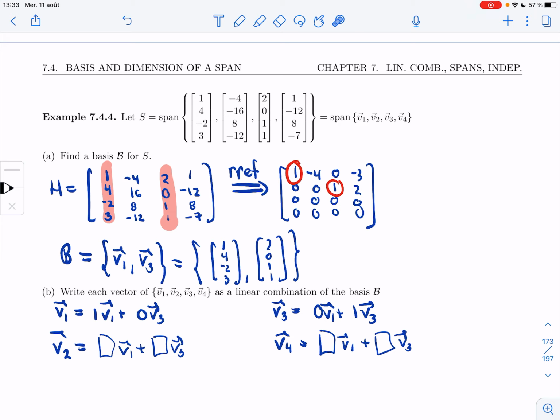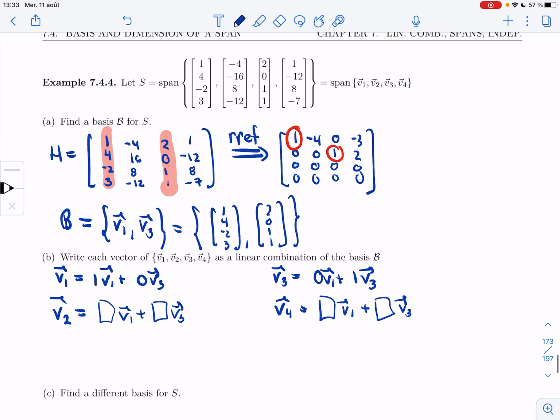And so if I look at this vector, V2, I can see here that it's minus 4 times the first. That relationship between the columns is preserved throughout the reduction. So I don't need V3, but I need minus 4 times V1.